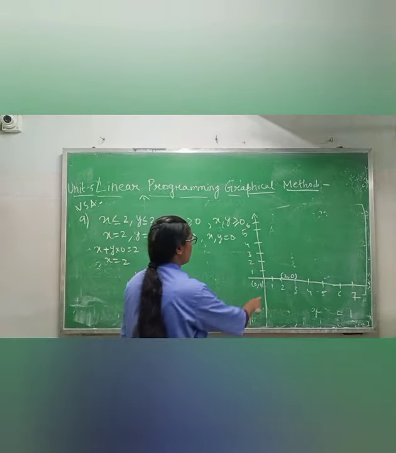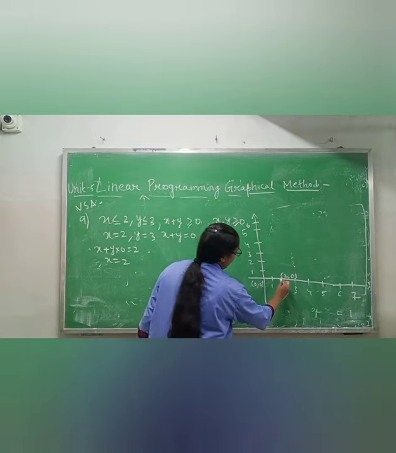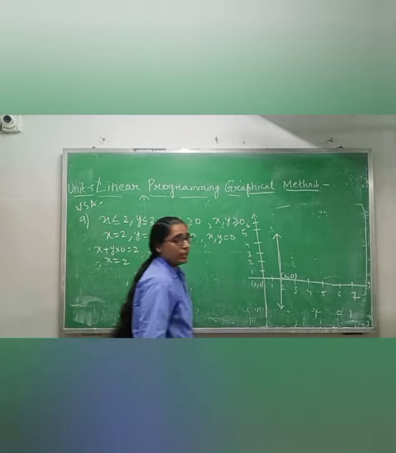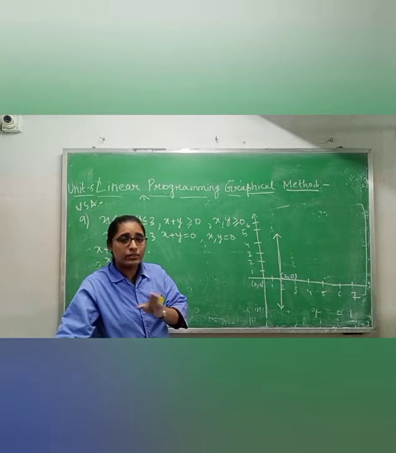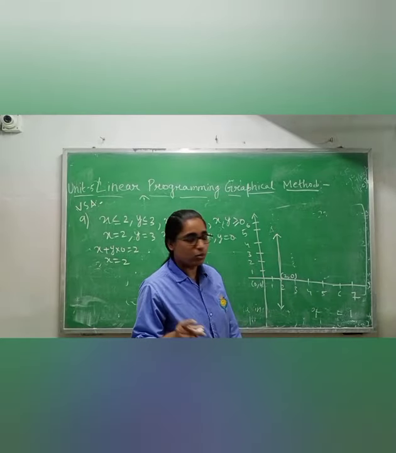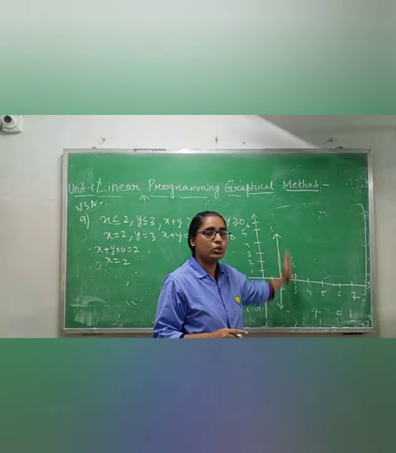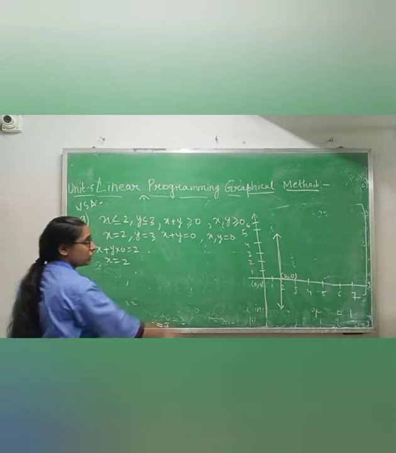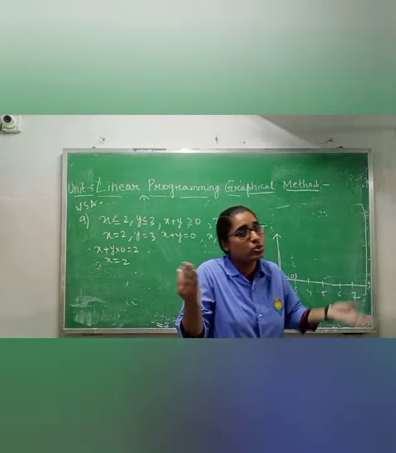At that time you will plot like this, parallel to the y axis. When x is given to you and y is not given, at that time it will be parallel to the y axis. See, this one is the y axis, and this is parallel to the y axis. Now in this one it is given y equals 3, means the y value is given as 3 and x you don't know.